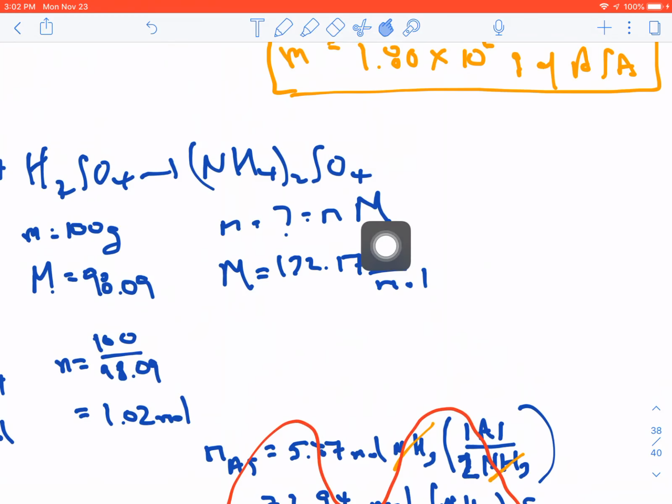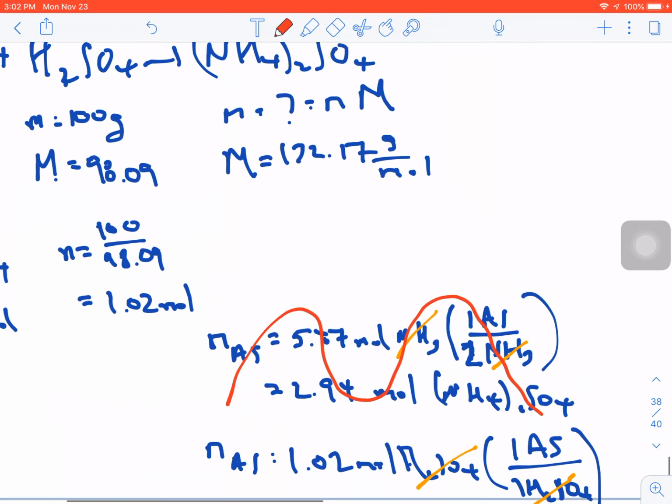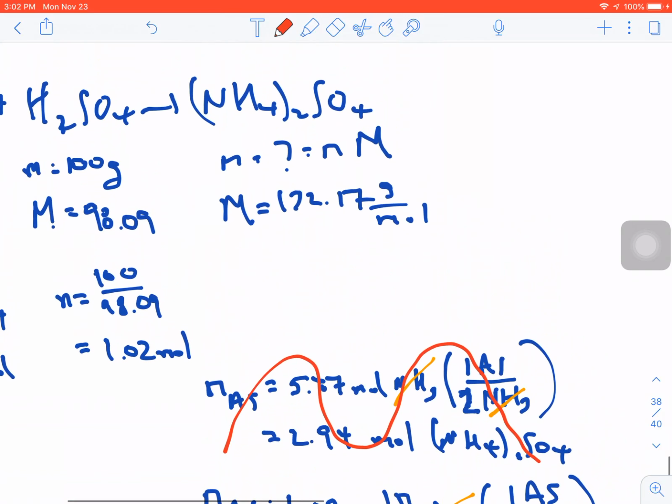So mass equals little n times big M. Mass equals little n times big M, which equals 1.02 times the big M, which is 132.17.